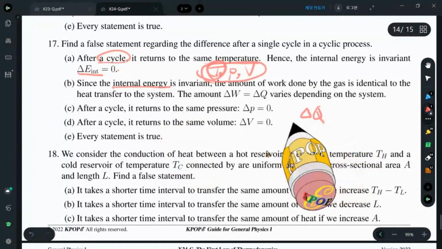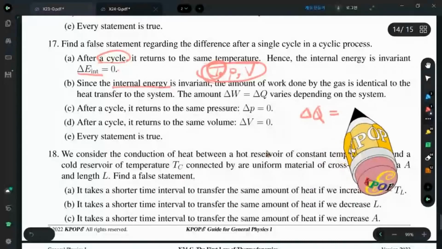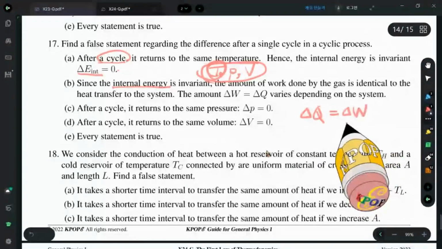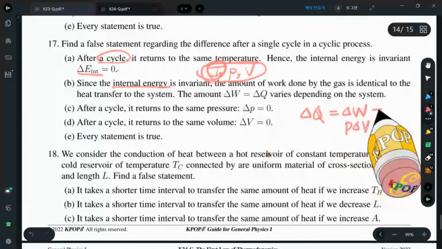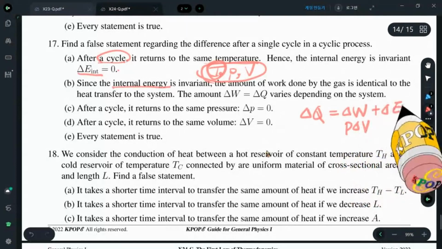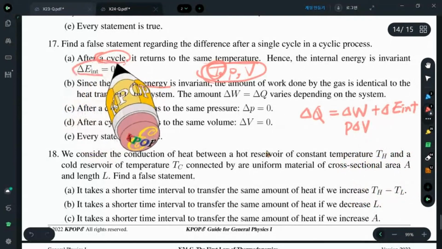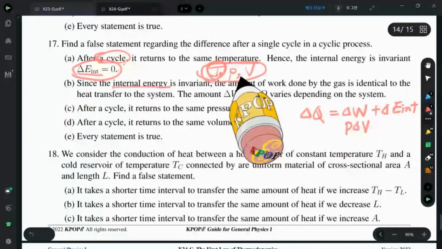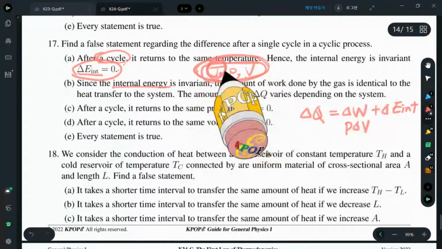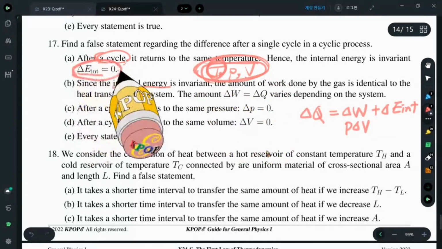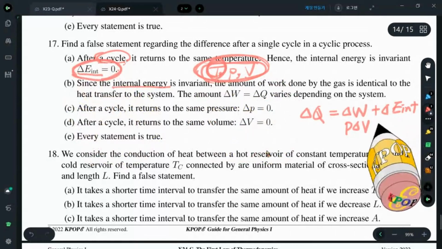Delta Q, input, delta W, that is P delta V, plus delta internal energy. During a cycle, it returns to the same state, temperature the same, so internal energy is the same.